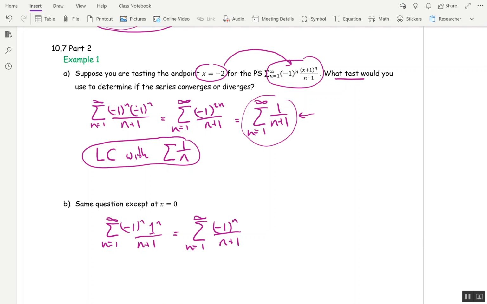So the question is, what test would you use to see if that converges or diverges? And there's really only one test that seems appropriate, and that would be the AST, because it's an alternating series with u_n equal to the sequence 1 over n plus 1.